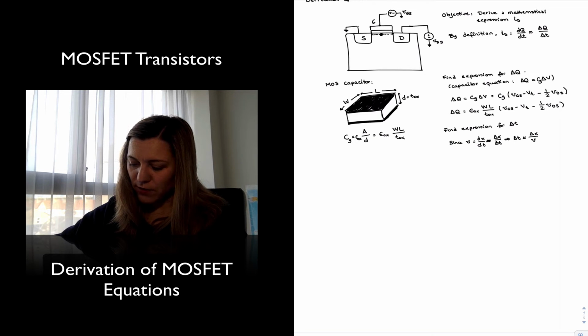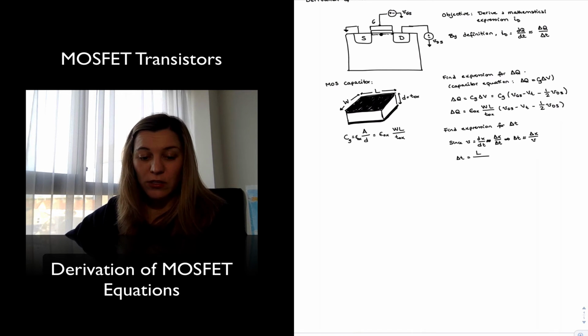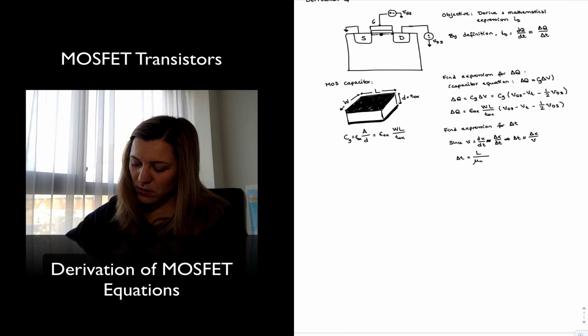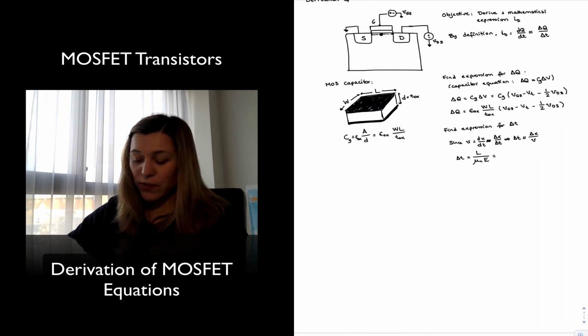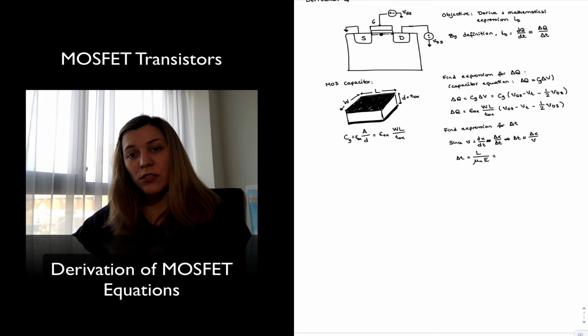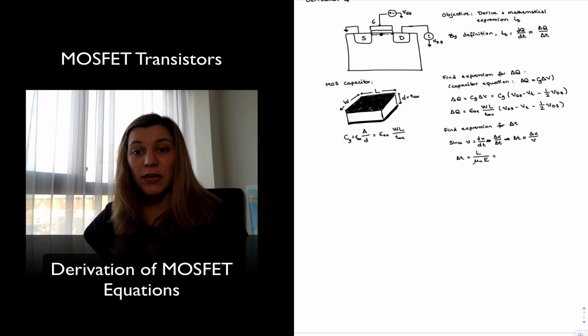So I will have delta t being equal to the length divided by the drift velocity, which is the mobility of the n-type carriers times the electric field. Now, the electric field that is causing the electrons or the charge carriers to move through the channel is related to the difference in voltage applied on both ends of the channel, so that VDS voltage.